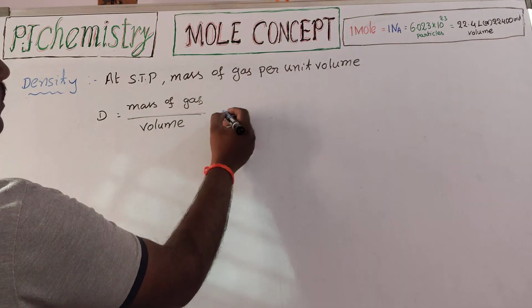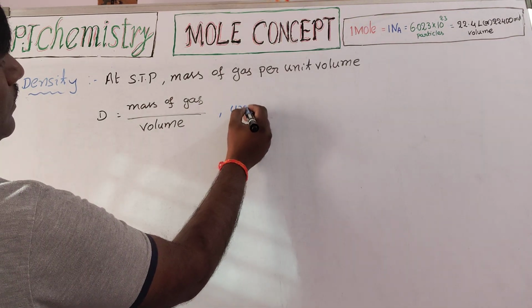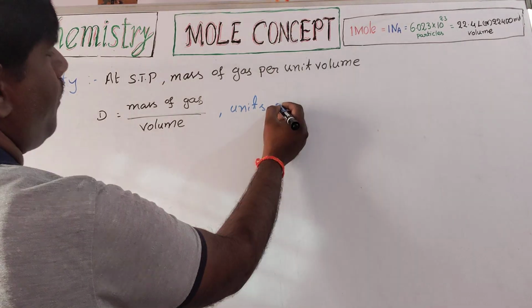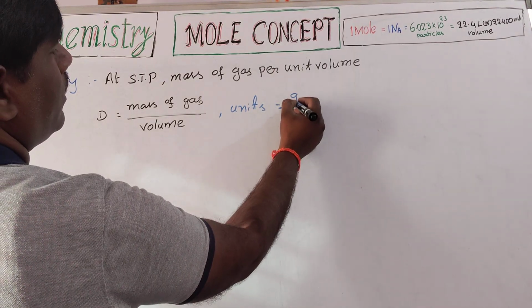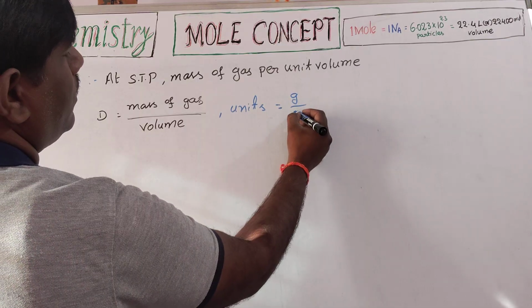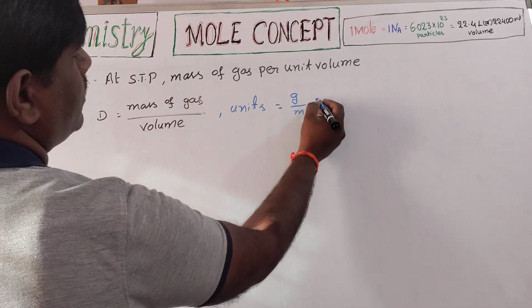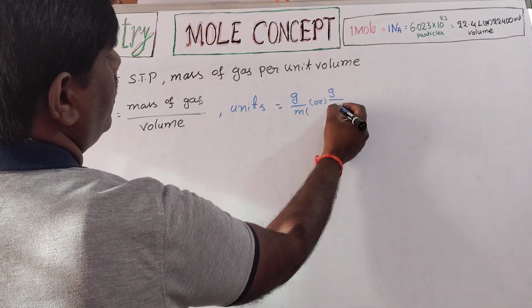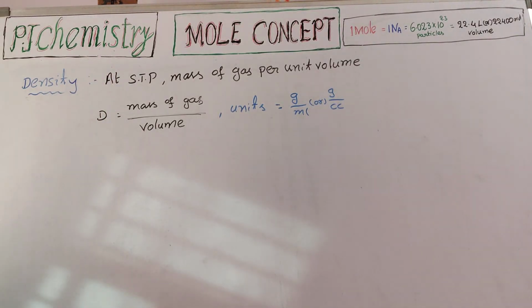So, what are the units for density? Grams per milliliter, or gram per cc (centimeter cube), since 1 centimeter cube is equal to 1 milliliter.